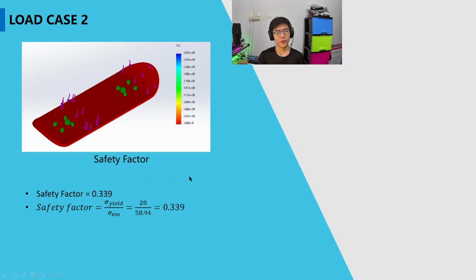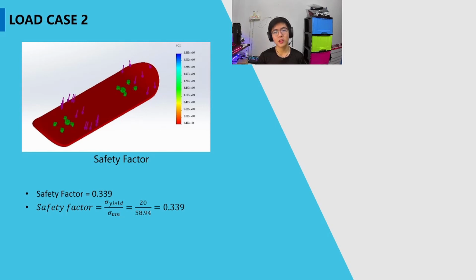We got this from the online source and also the SolidWorks properties, which is 20 megapascal, and the sigma von Mises we got is 58.94, like just now for the maximum one. And when calculating it, we got 0.339. So in solid mechanics theory, if the safety factor is less than 1, it actually fails. So this balsa wood is not recommended to be used for producing skateboards because it fails.